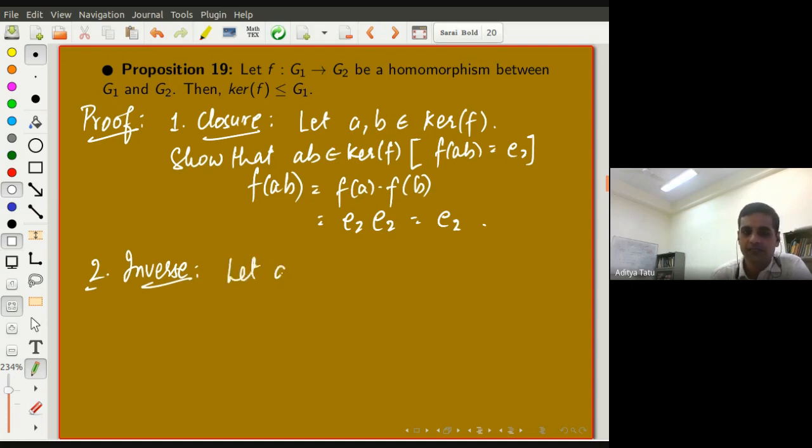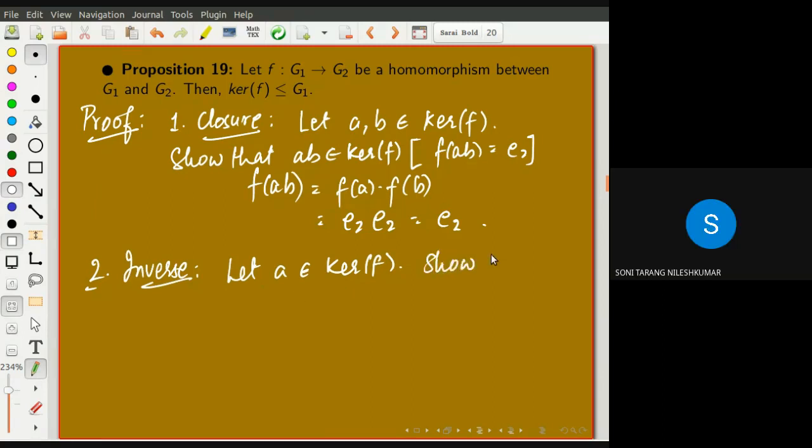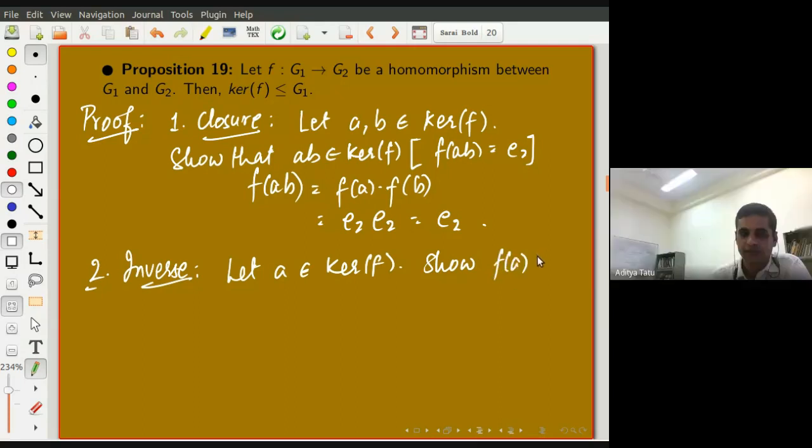Again, let us pick some arbitrary element A in the kernel of F. Then here, to show, f of A inverse is equal to f of A whole inverse. So we need to show this, right?